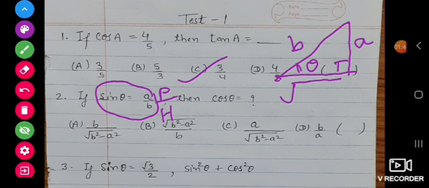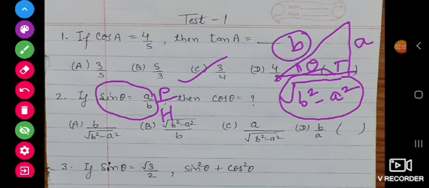What is the base? Hypotenuse square minus perpendicular square. You have to find cos theta. Cos theta is equal to perpendicular upon hypotenuse. It means under root B square minus A square upon B.